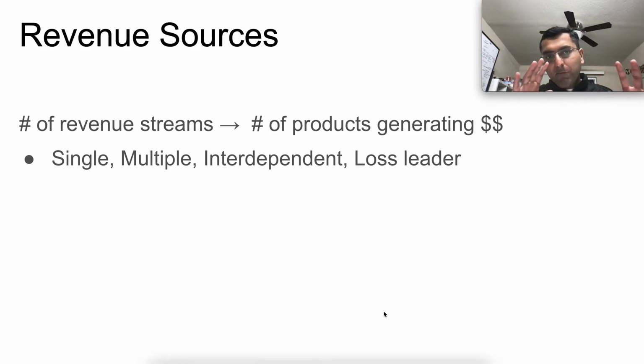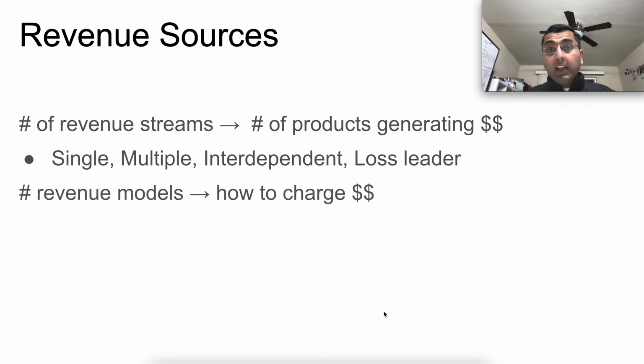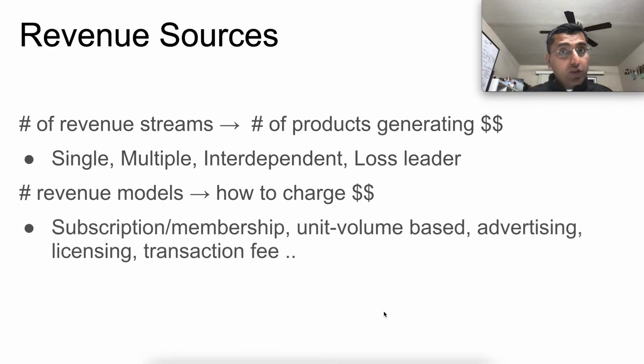So you could have multiple products, and those products could be configured in a revenue model. Like how you charge, that is different. You could charge through subscription. You could say, hey, you pay me upfront for the month or for the year, and then I will give you my services, like the gym membership, right? Or Microsoft O365.